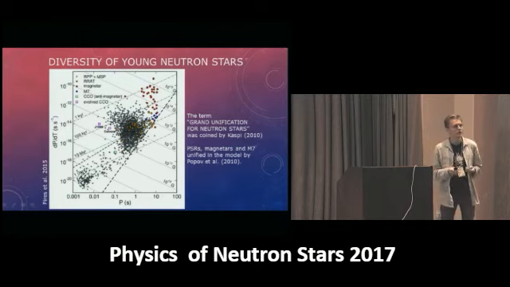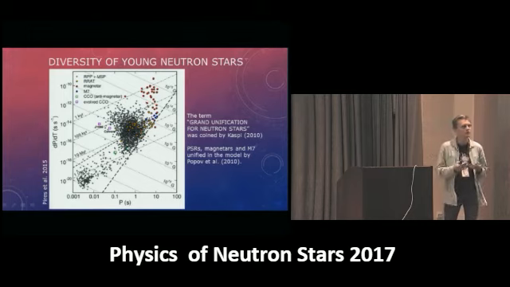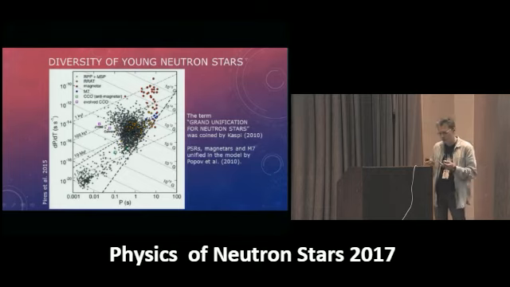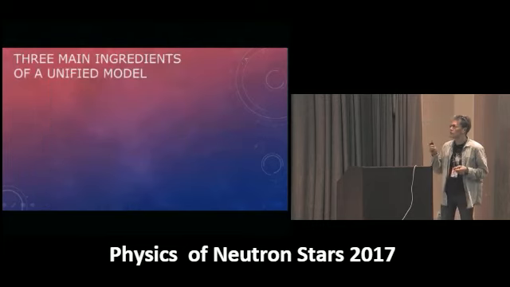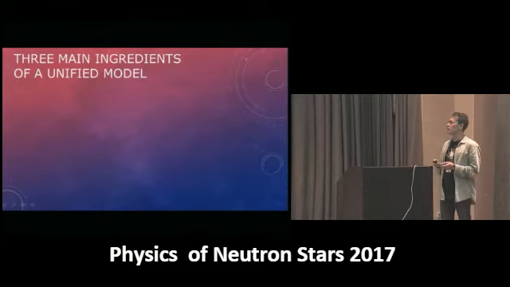And such a program, such a framework, is going on, and the main thing to explain this diversity and connections between different types of neutron stars is the magnetic field. So three main ingredients of such a unified model, which hopefully can explain everything. They are all related to the field.